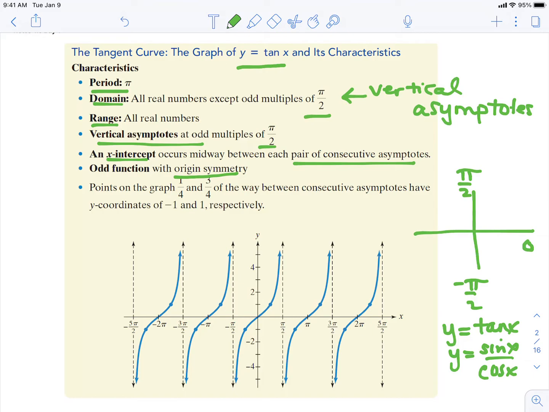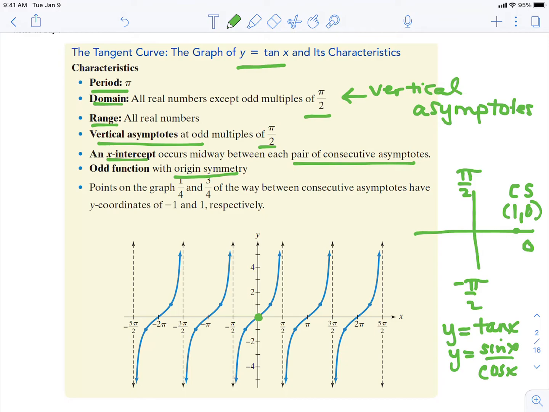So 0 radians has the ordered pair (1, 0), and we take the sine, which is 0, and divide it by the cosine, which is 1, and we get a value of 0. So when the angle is 0, the output for the tangent is 0.